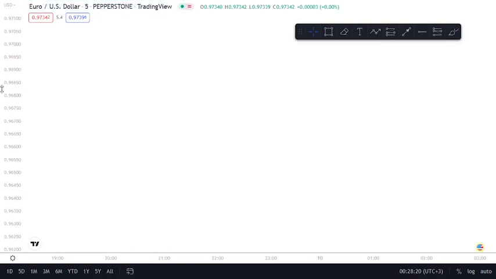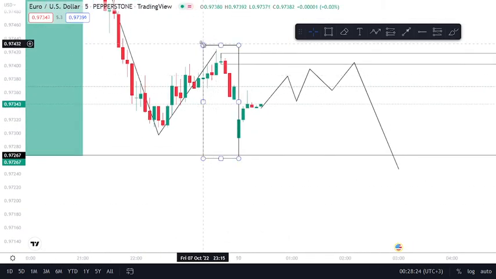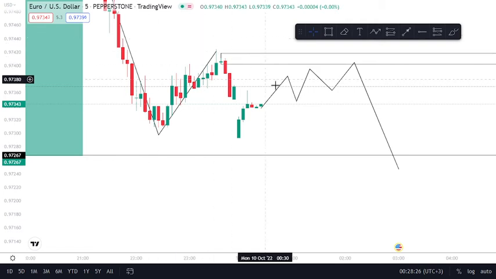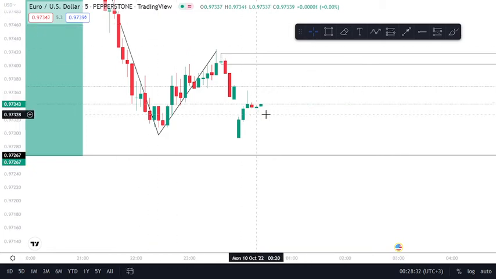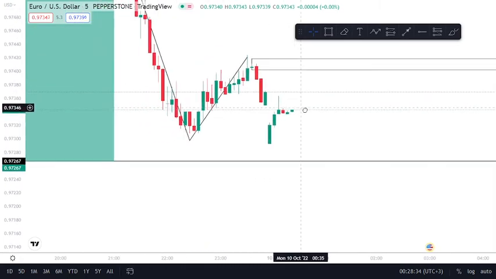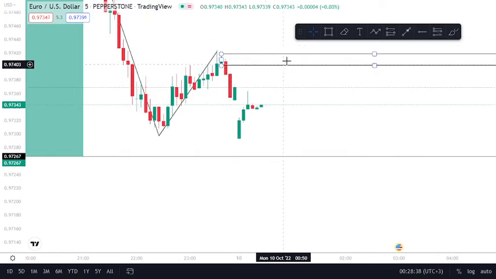So to those who are traders or who want to get themselves involved in the trade, I think you can use the simple strategy that I've shown you. Here is EUR USD 5 minutes time frame. You just wait for the price to get to this zone.